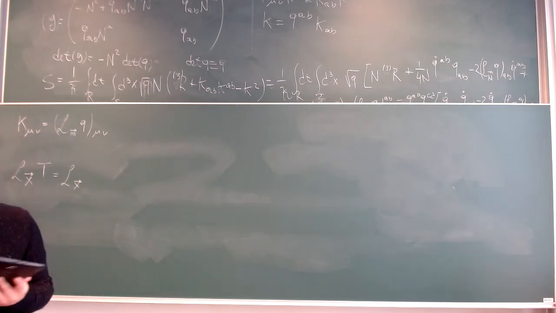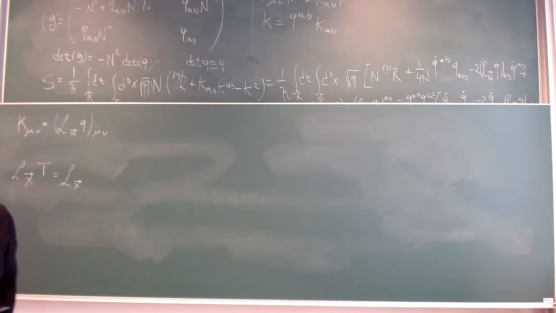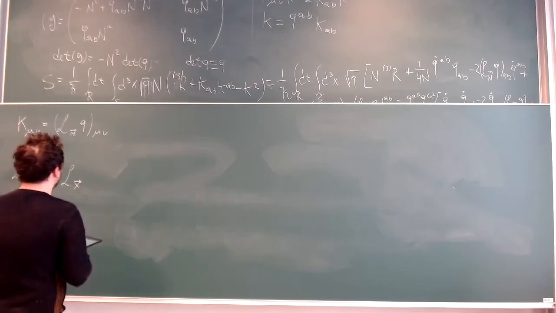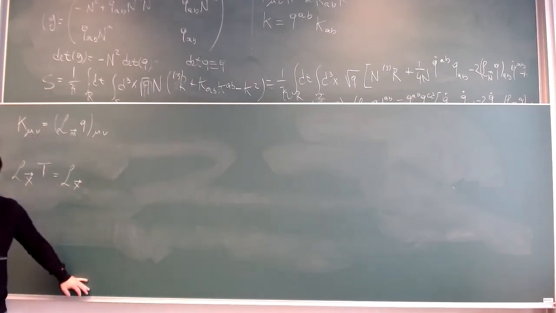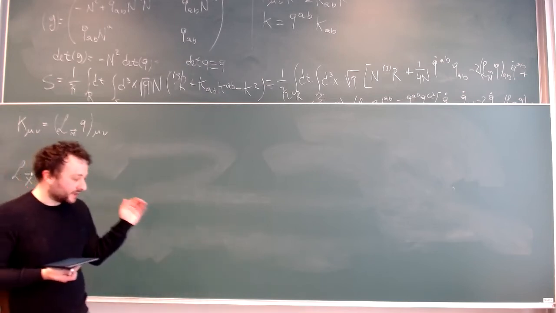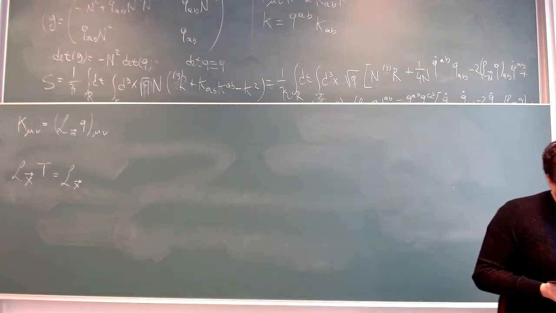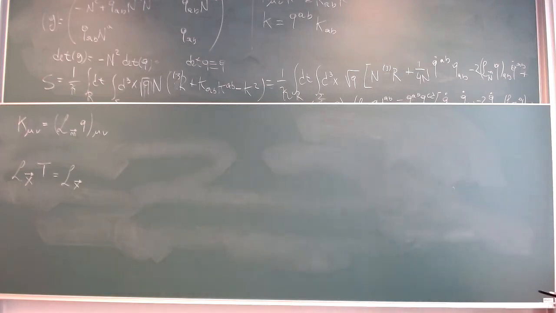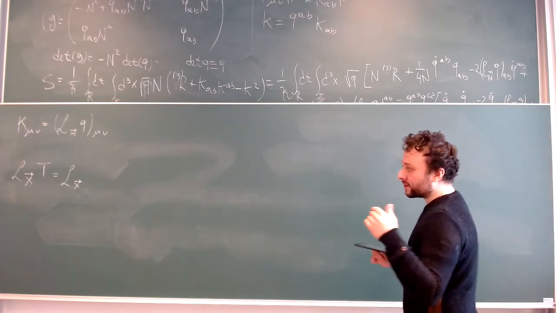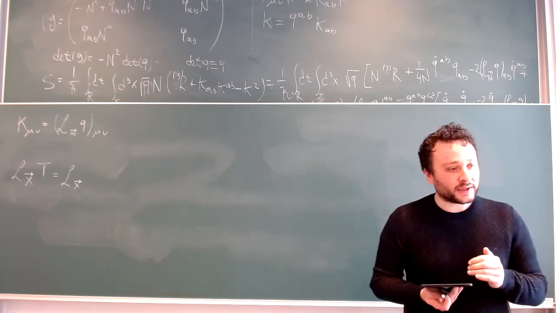Well, that's a fact, I know, but you can prove it by calculation. The point is that if you have the covariant derivative, say using the Levi-Civita connection, then all the partial derivatives in this derivative can be replaced.